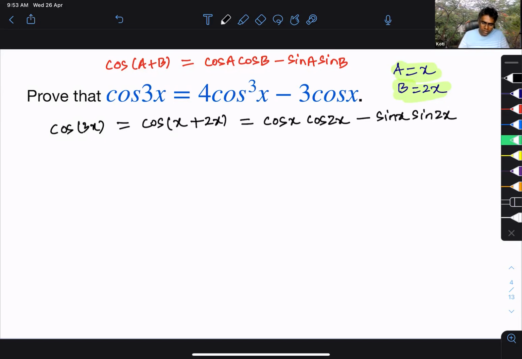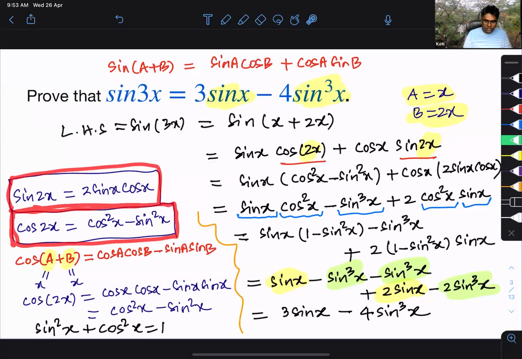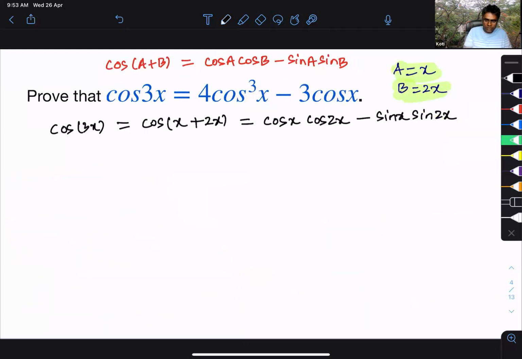And again, we are going to borrow those results. We have sin 2x as 2 sin x multiplied by cos x, and cos 2x as cos square x minus sin square x. So we will substitute them here.